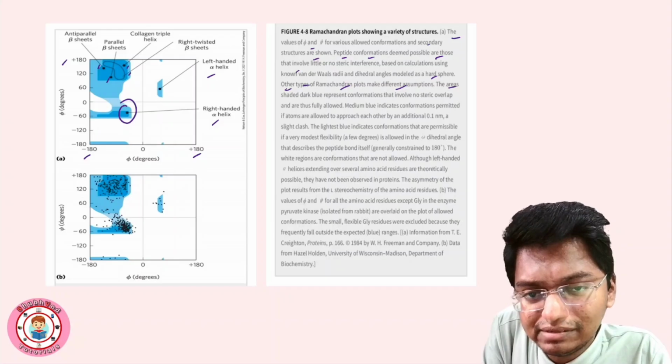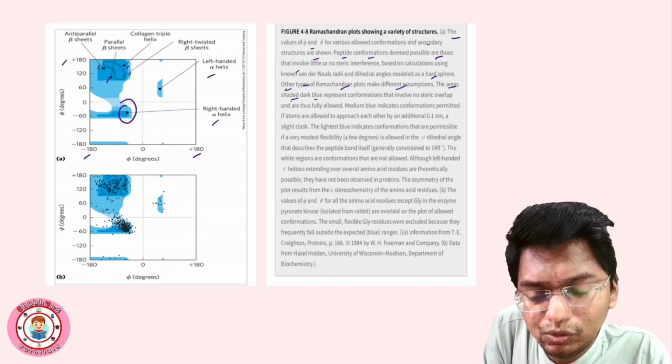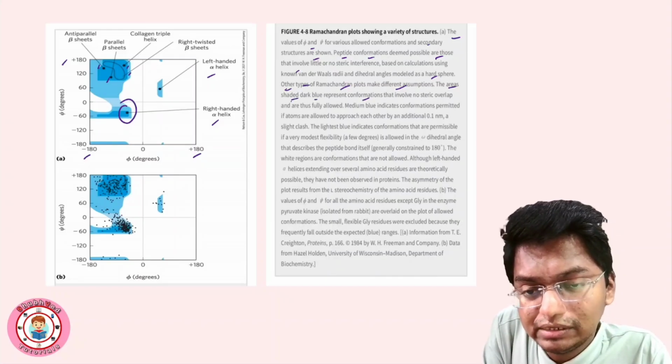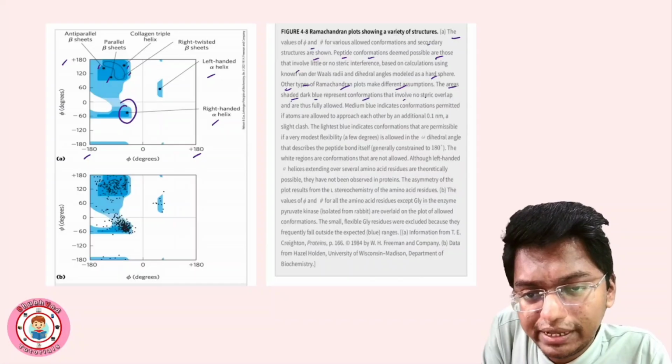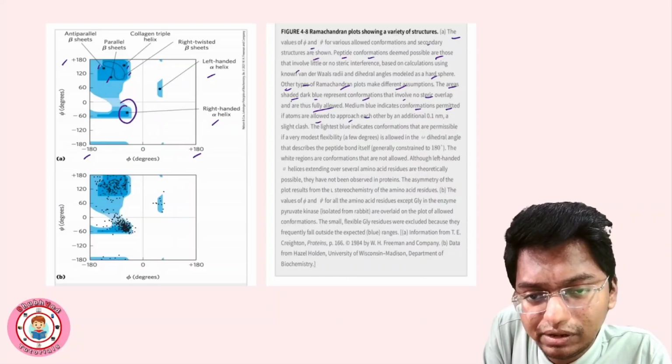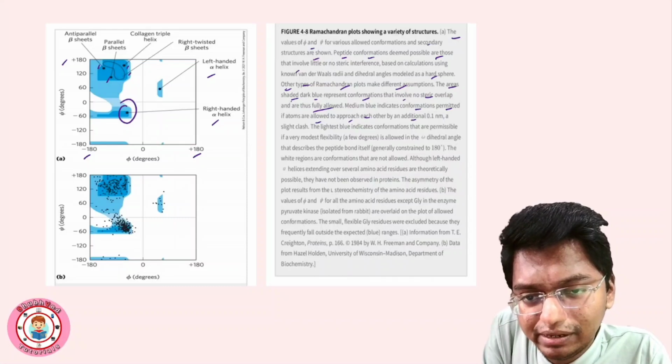The areas shaded dark blue represent conformations that involve no steric overlap, see, and are fully allowed. That is the dark region. Medium blue indicates conformations permitted if atoms are allowed to approach each other by an additional 0.1 nm, right?